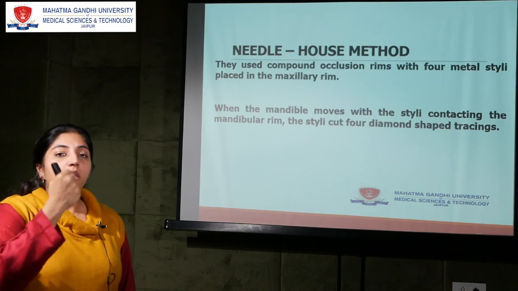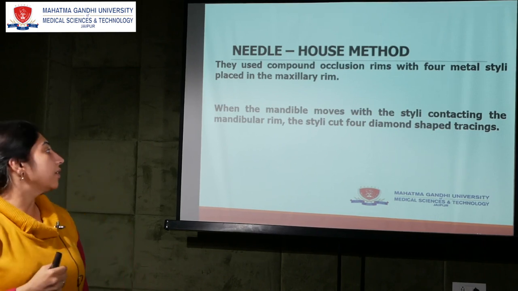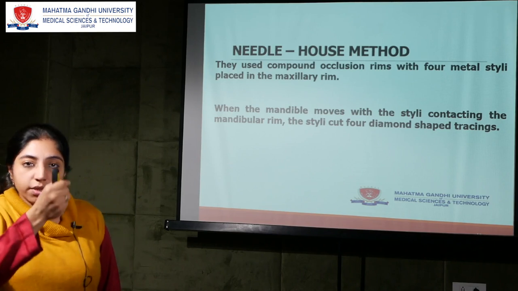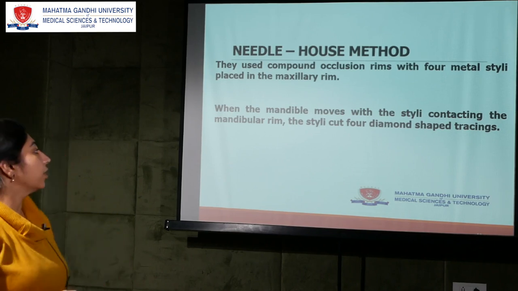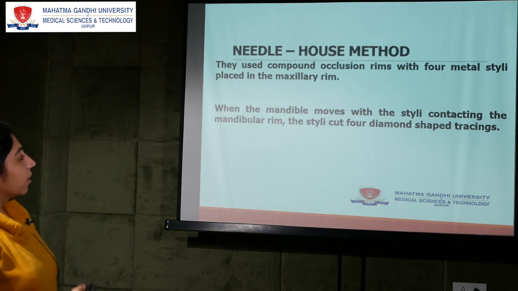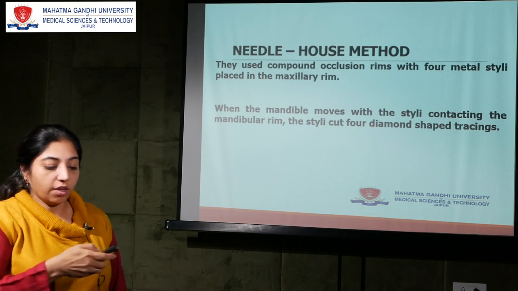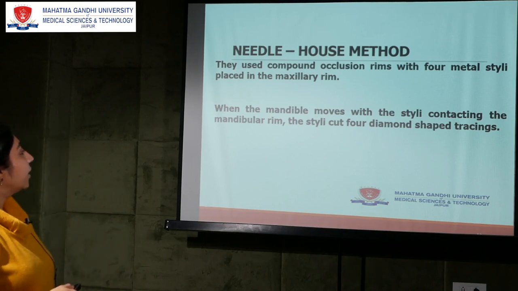The patient is asked to do a mandibular movement where they make the indentation for the centric relation, and because of the styli you will get some kind of a shape of tracing on the wax rim of the mandible, and that gives you the idea of the centric relation record.